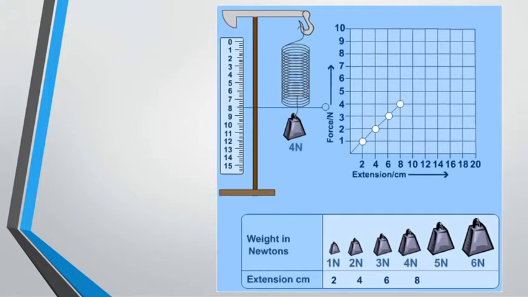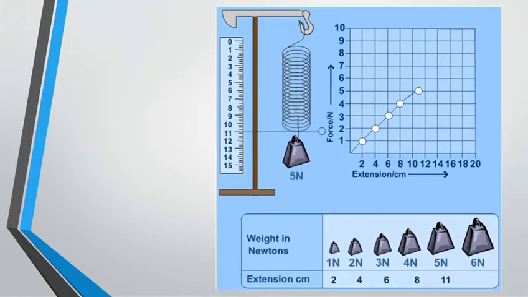But when we increase the force 1 Newton more, we see that the extension is not the same as in the previous cases. Here, this elastic object has passed its limit of proportionality. This is the point up to which the extension and the force are directly proportional, meaning it shows the same extension for the same increase in the force.